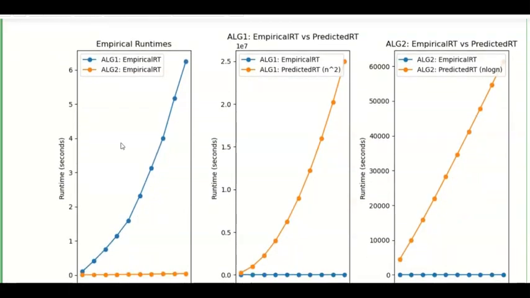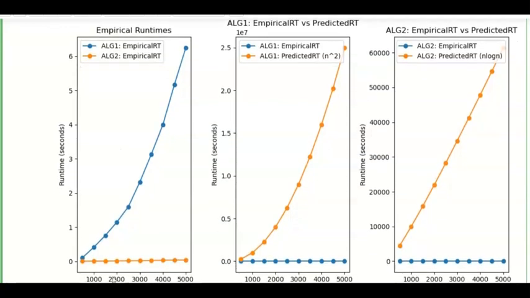These are the graphs, which show that as the n value increases, the runtime also increases for algorithm 1 and algorithm 2. Algorithm 1 takes n squared time, so its graph shows the value changing rapidly, like a quadratic curve, but algorithm 2 does not, because it takes less time, n log n.